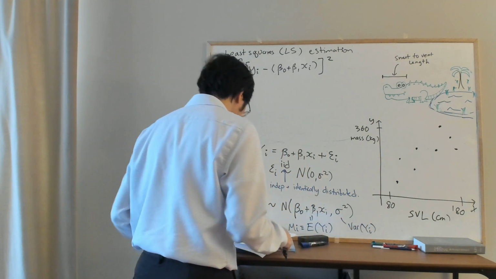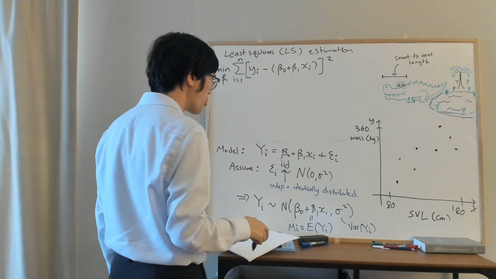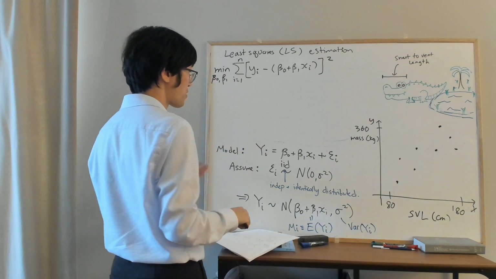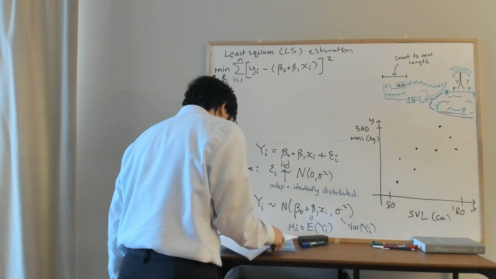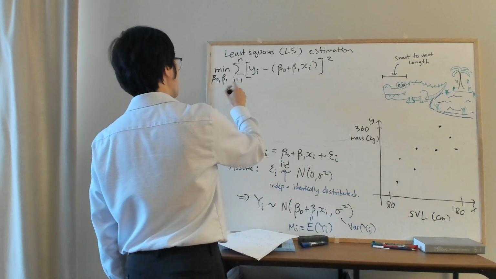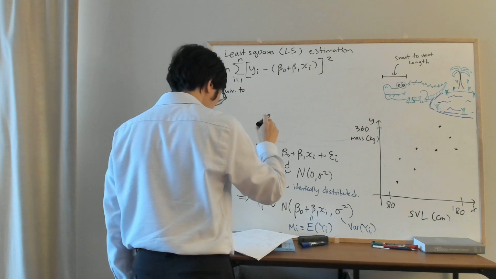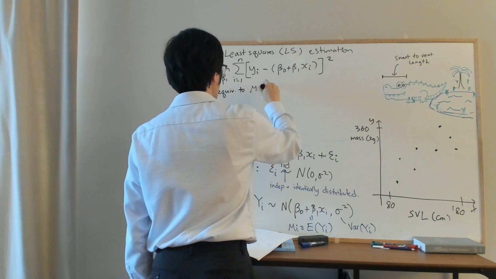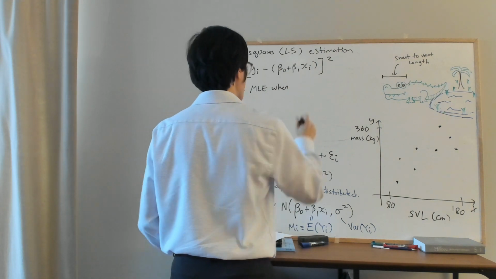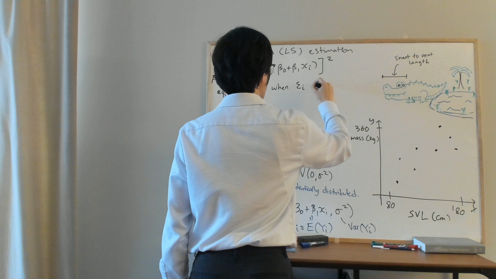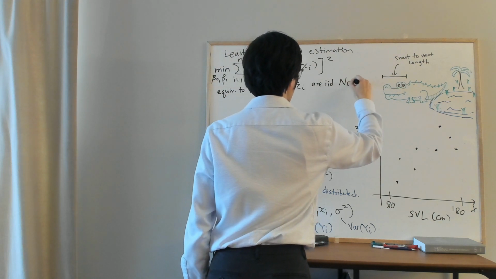This connects why least squares is a common approach. So I just make a note here: this is equivalent to the MLE when the epsilon i's are IID normal.